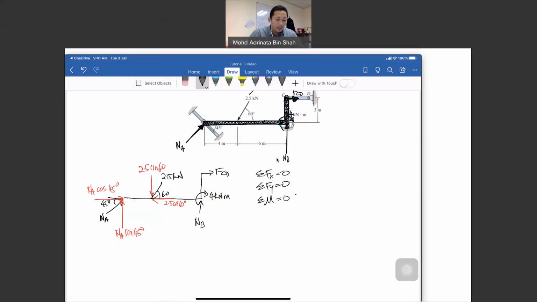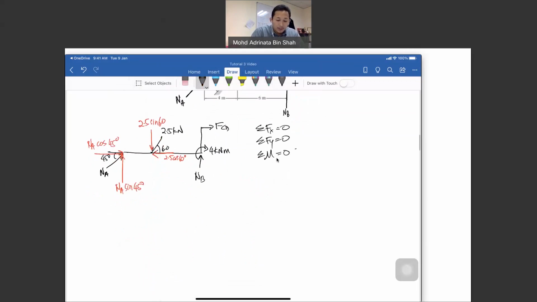So the equation of equilibrium, Fx equals to 0. So Fx equals to 0.